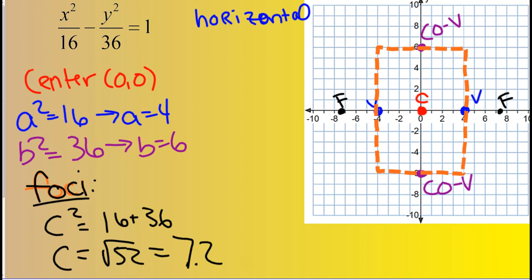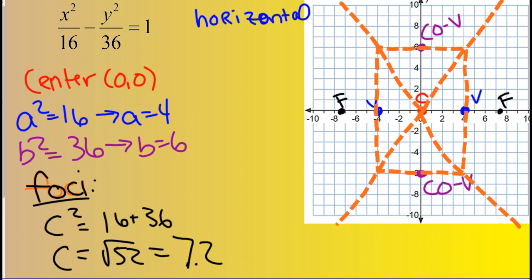And then once you have that rectangular box, you are going from the center to each corner and extending. And yes, I should try to make this a straight line, but we'll go back and count properly when we go to write our equations for our asymptotes. Okay, so there's all my framework. That's everything that I need.